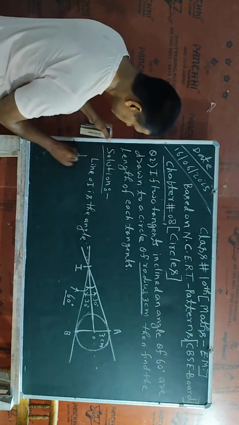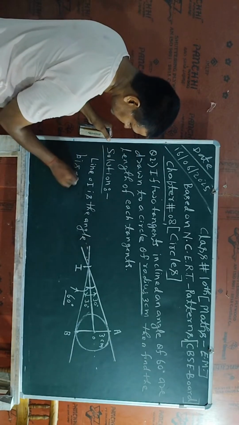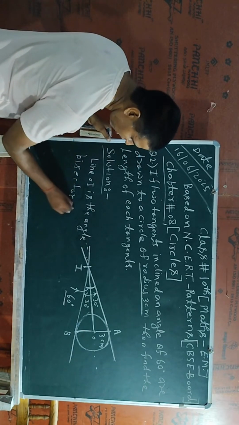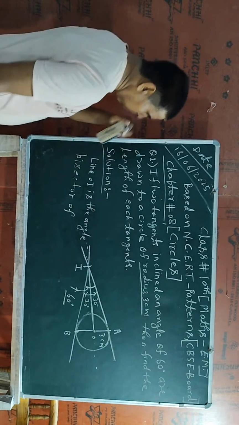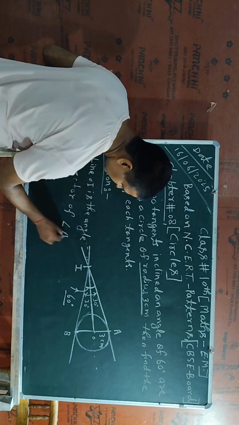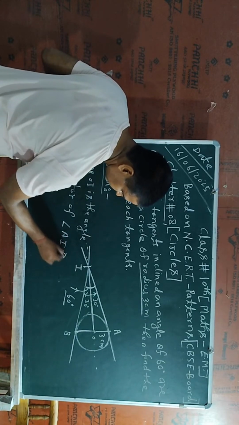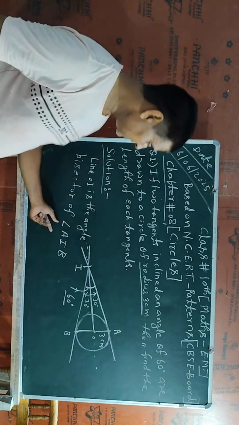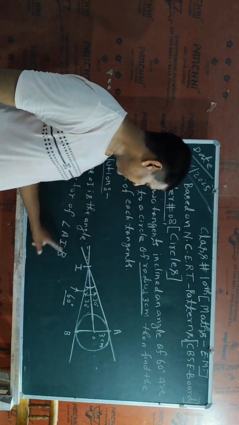Angle bisector of angle AIB. This is the angle, that is AIB or BIA.